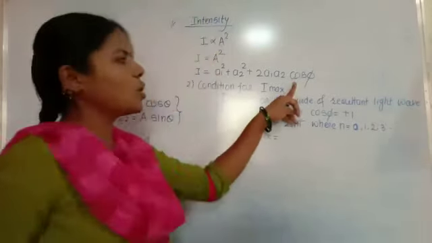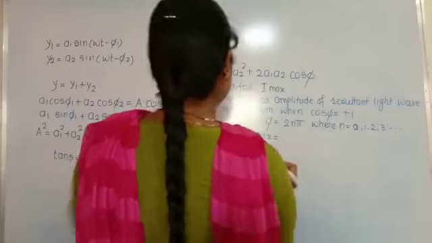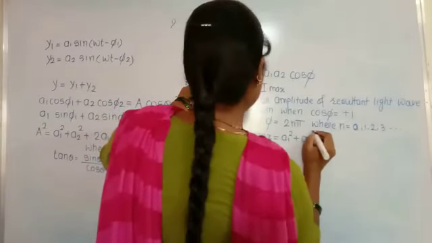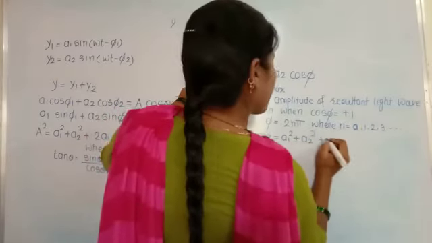So putting the value of plus 1, Imax is equal to a1 square plus a2 square plus twice a1 a2 multiplied by 1, which is nothing but twice a1 a2.